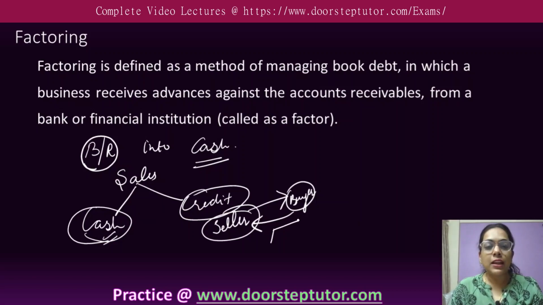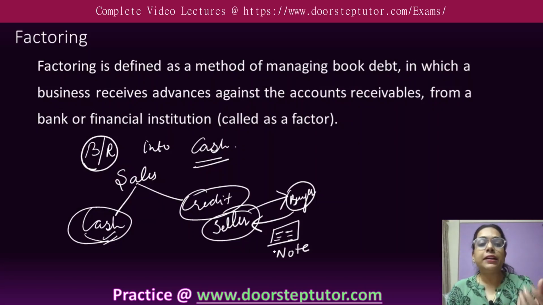So the seller will receive a note known as a credit note or bills receivable note, which shows the name of the seller, the name of the buyer, the date and time of purchase, and the date on which the buyer will pay the amount to the seller.